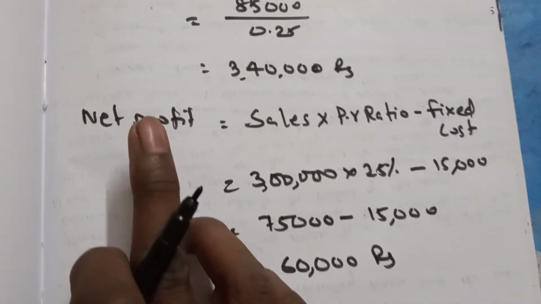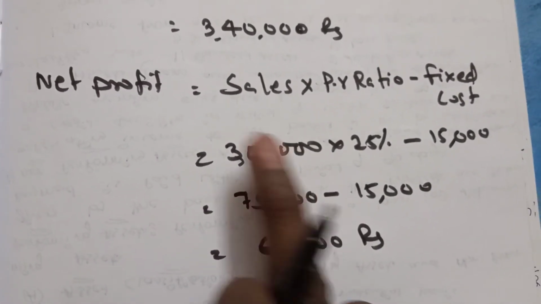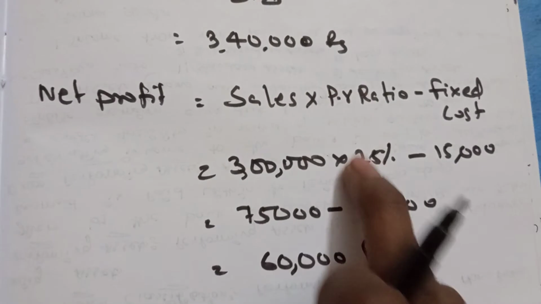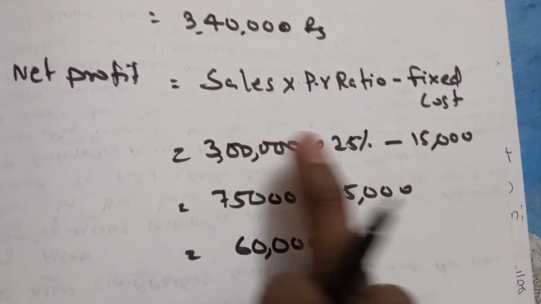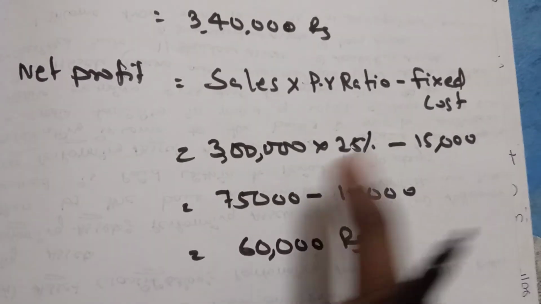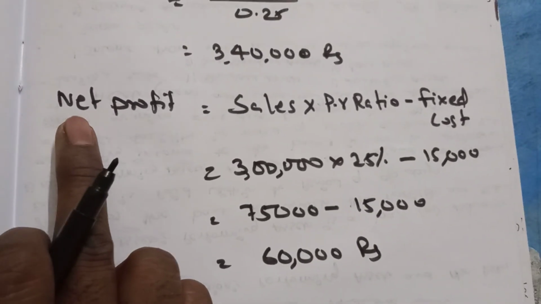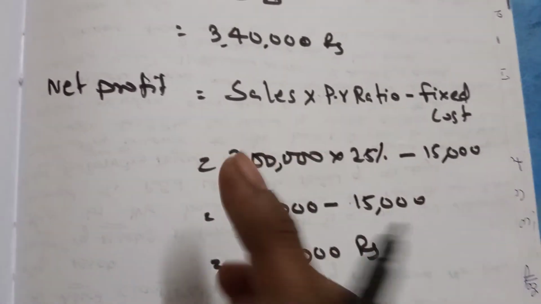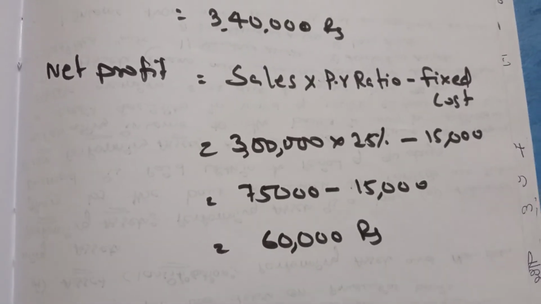Next, how much profit will we get if sales is 3 lakhs? The formula is sales into PV ratio minus fixed cost. 3 lakh into 25% is 75,000, minus 15,000 gives 60,000. So if we sell goods of rupees 3 lakhs, we will get a profit of rupees 60,000. This is the simple funda.